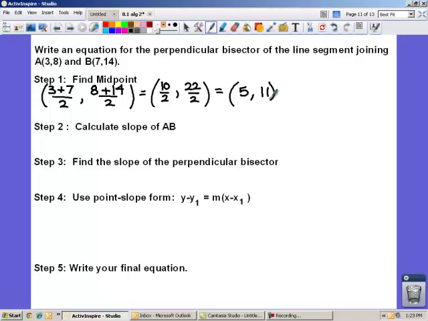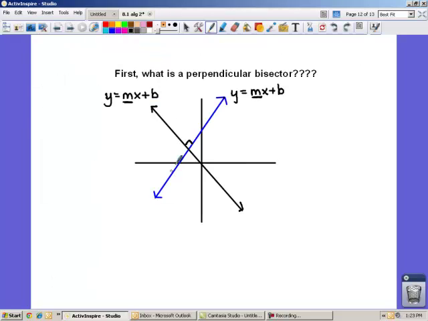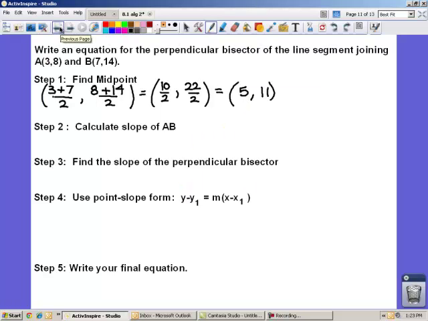Okay, number 2. We're going to calculate the slope of the AB. So we're going to calculate the slope of this line, meaning this blue line. So remember, the slope is taking your y's and subtracting them. And I'm just going to write this in so you remember what the equation for slope is.